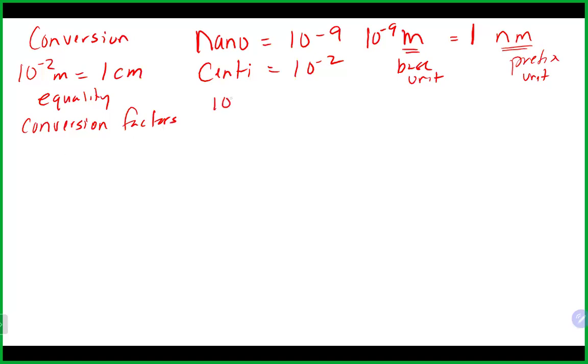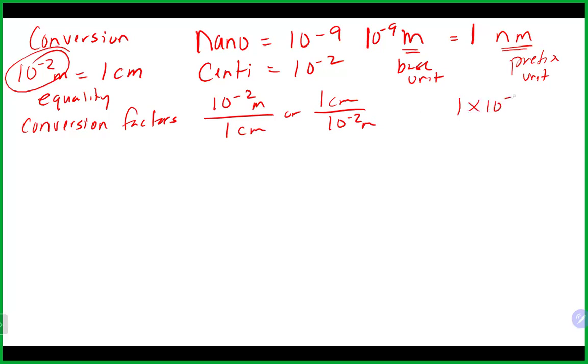So we could say there's 10 to the minus 2 meters over 1 centimeter. By the way, on your calculator, 10 to the minus 2 is 1 times 10 to the minus 2. So you would punch it in like you were doing scientific notation. On some calculators, you would go 1, your exponent button, your negative button, and 2, and that would be how you put that in.